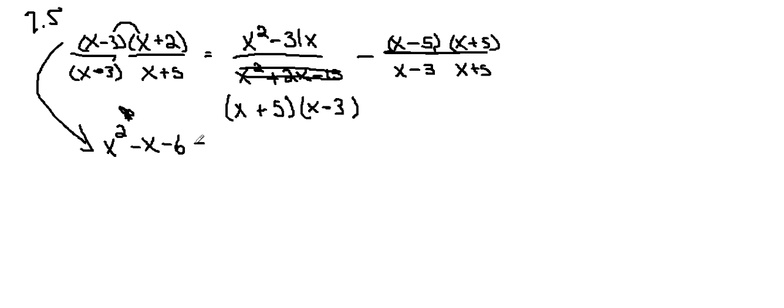Okay, and that's going to equal this top one. Nothing going on there, so I'm just going to copy it to be x squared minus 31x. And then now this is minus, what? It's going to be this x squared minus 5x, and plus 5x is 0, and then that's going to be minus 25.